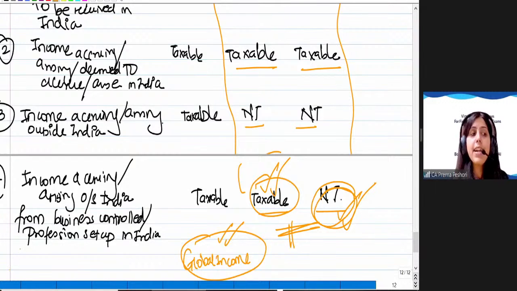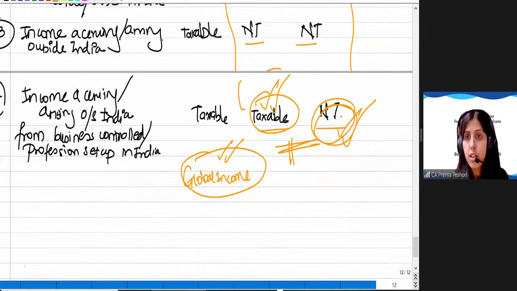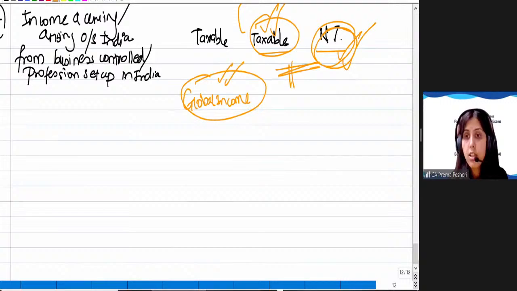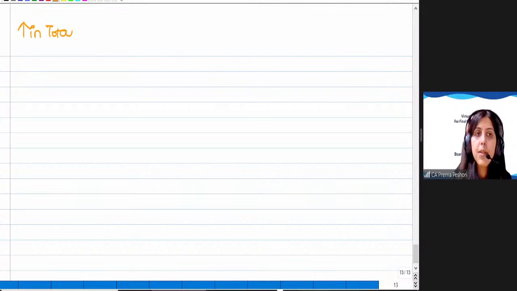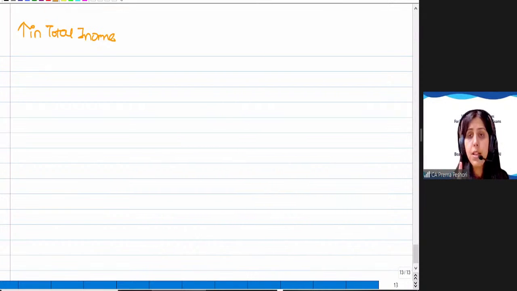Now understand exactly what is changing from this amendment. First of all, there is an increase in total income because for RNOR, as I said, income from business controlled or profession set up in India is taxable. For NR, it was never taxable.